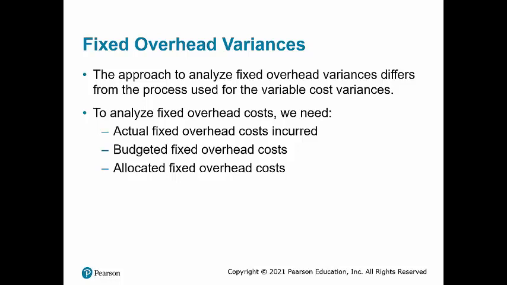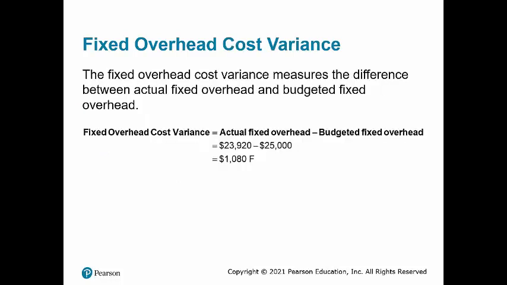So keep in mind that the budgeted amount for fixed overhead is the same in both the static and the flexible budget because fixed costs are not expected to change in total when there is a change in volume. The fixed overhead cost variance measures the difference between actual fixed overhead and budgeted fixed overhead to determine the controllable portion of total fixed overhead variance.